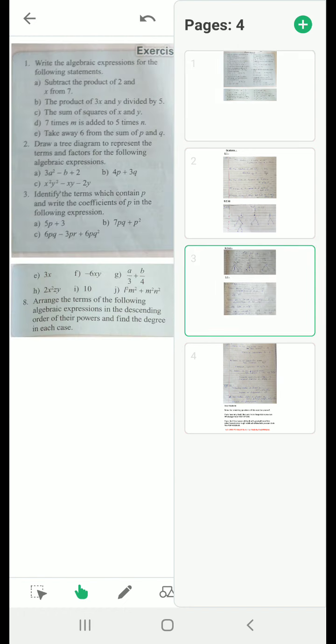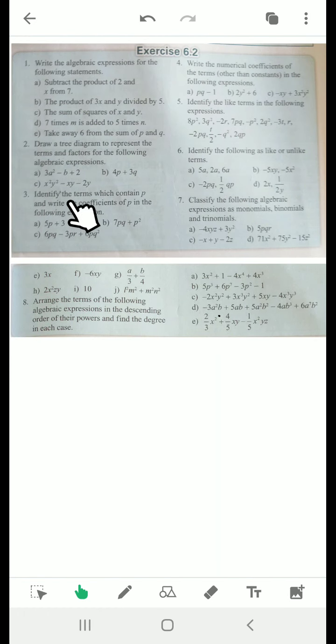Now the next question is, identify the terms which contain p and then write the coefficient of p in the following expression. We have to identify the term which contains p and write the coefficient of p.